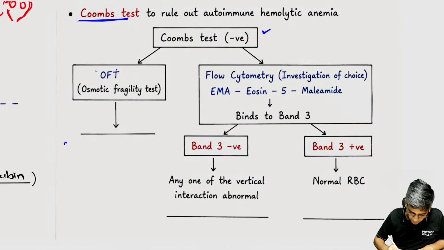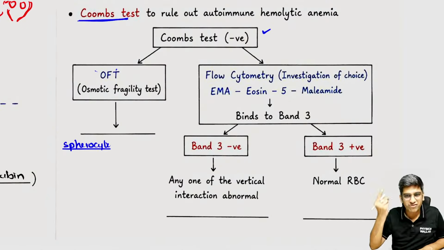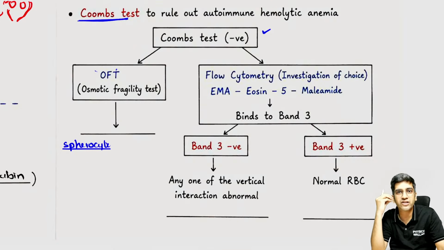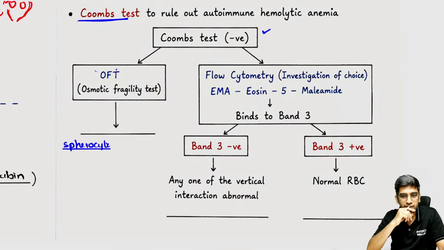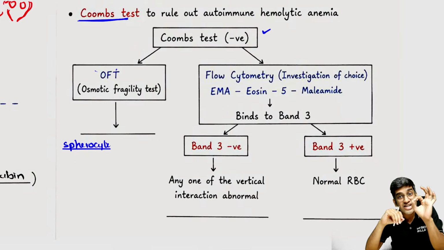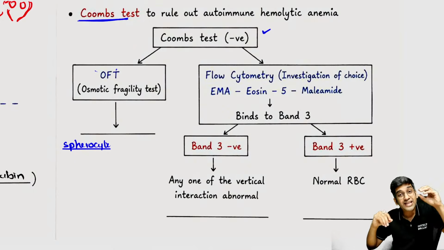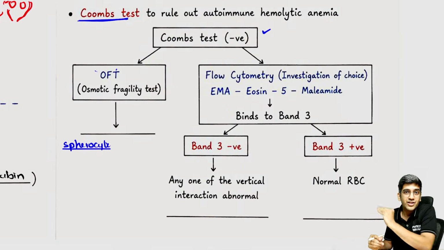Can anyone tell me what will be the features seen in the osmotic fragility test for spherocyte? Just one word. What will happen to spherocyte in the osmotic fragility test? They'll be osmotically more fragile or less fragile? They are smaller, rigid RBCs. That's why they cannot squeeze through the splenic sinusoids.